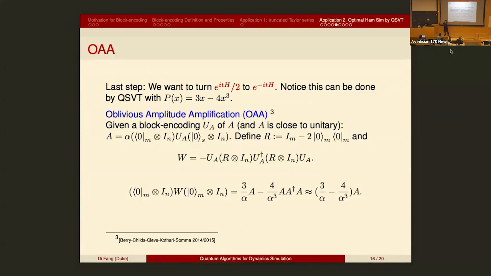You need to somehow map all of these values in a uniform way so that you are not changing what matrix you are representing. But what's the success probability? That's another advanced research topic that if you're interested, you can come talk to me. I can show you how to do that.